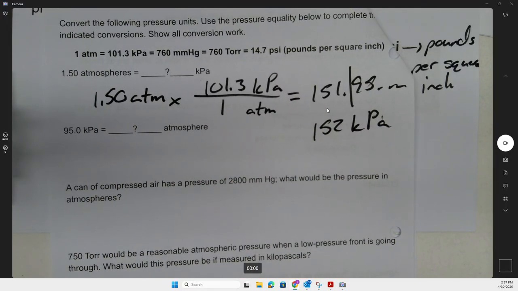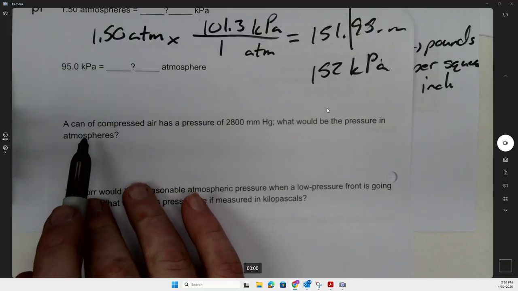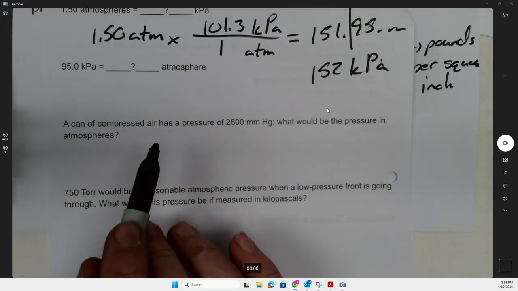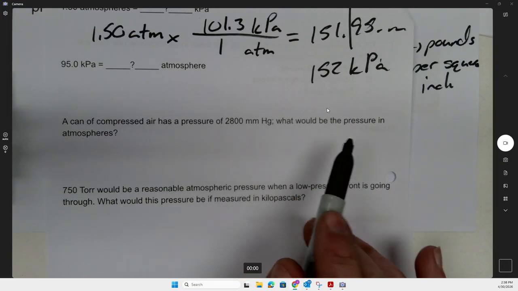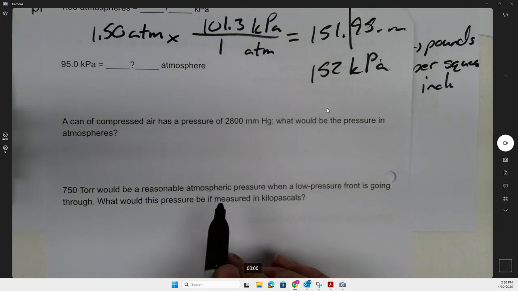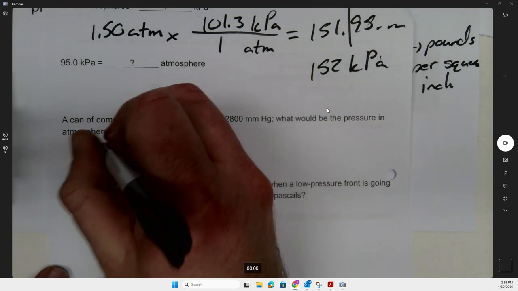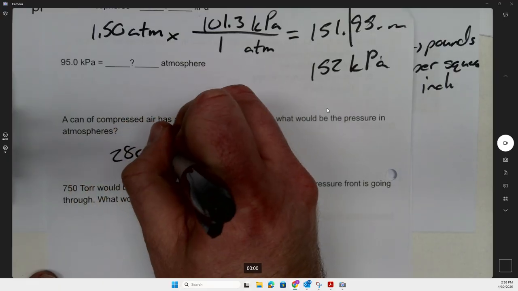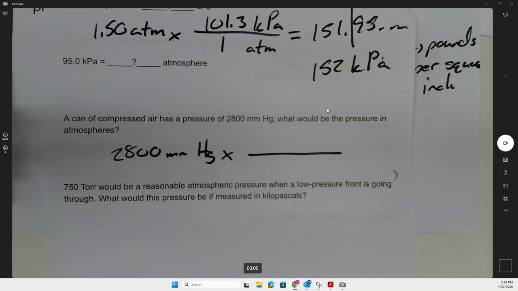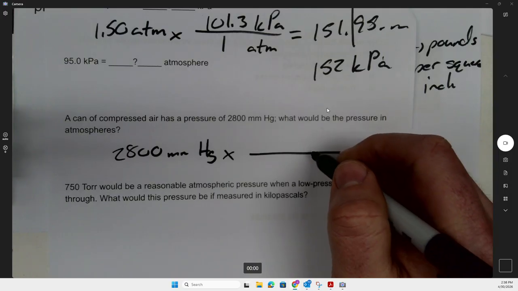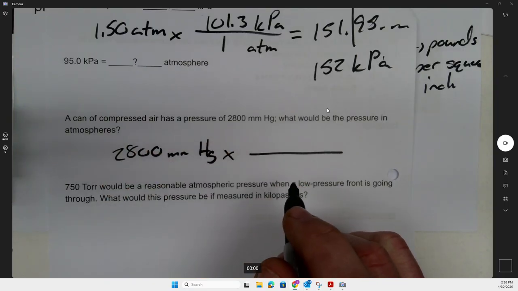Let me get you guys help answering this question. A can of compressed air has a pressure of 2,800 millimeters of mercury. What would the pressure be in atmospheres? So, I rewrite my question. 2800 mmHg. I've got my equality fraction. What's going to be in my numerator, millimeters of mercury or atmospheres?